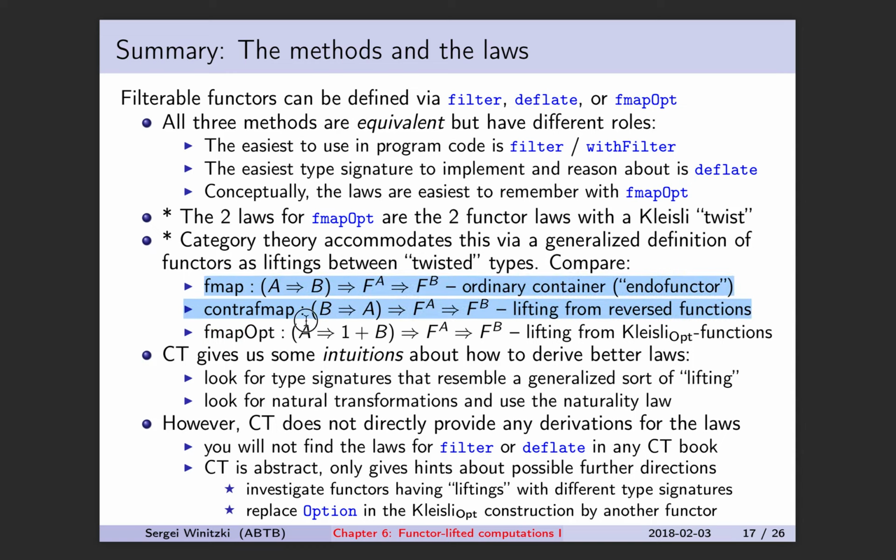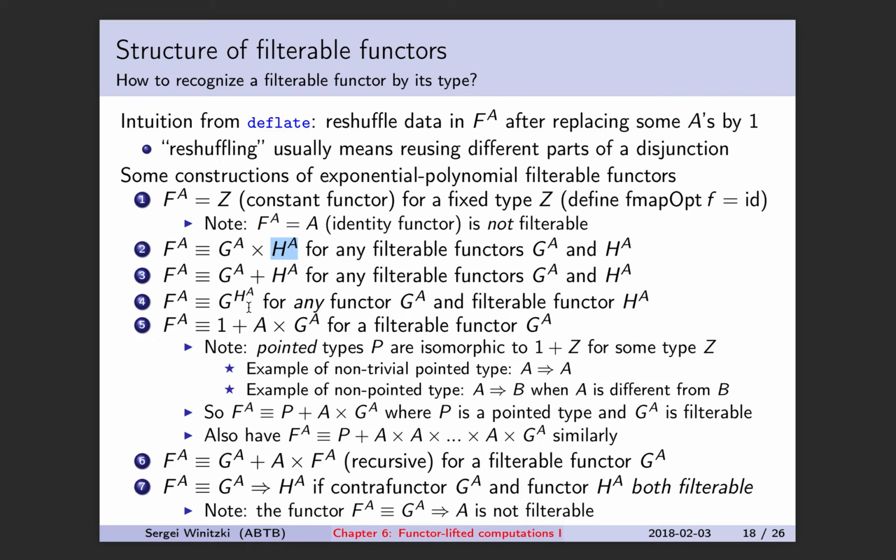And the property right now is going to be that they're filterable. So for example, if two functors are filterable, then their product is filterable, their disjunction is filterable, their composition as functors is filterable, and there are other such constructions. And I give example code for this and demonstrate that the laws hold using tests for each of these constructions.